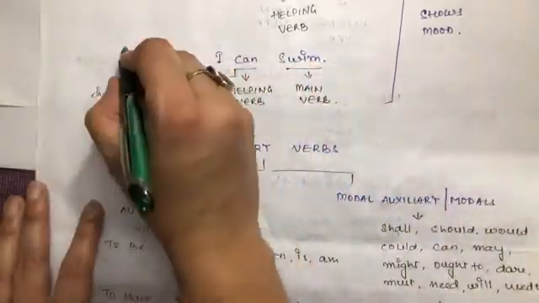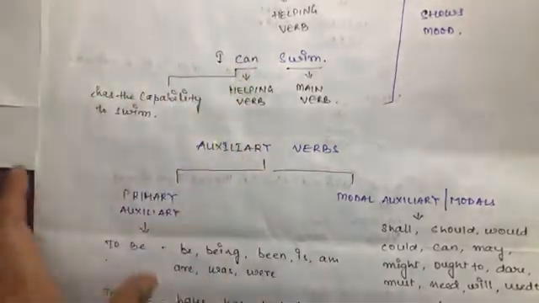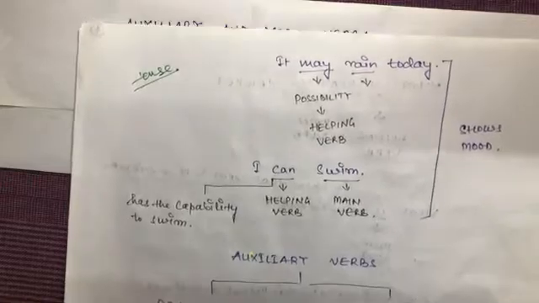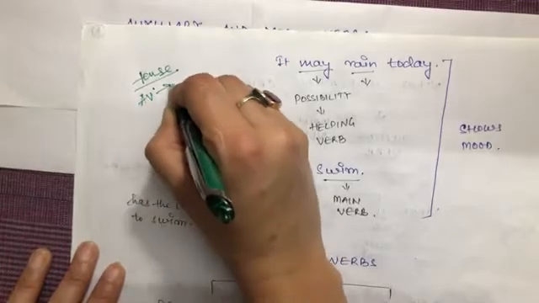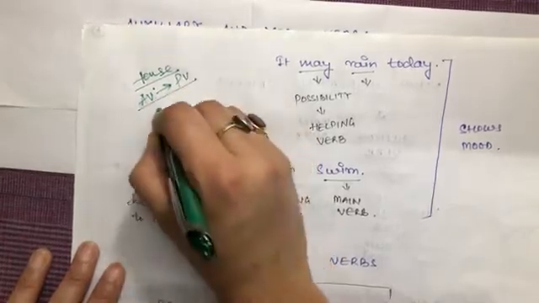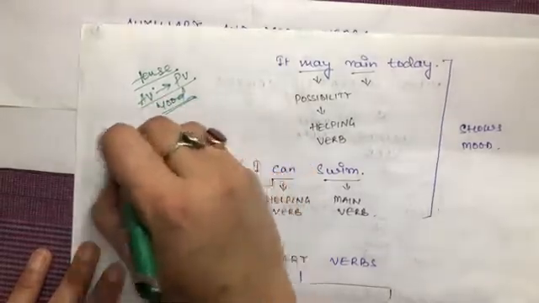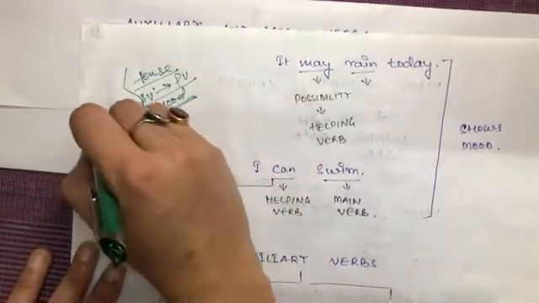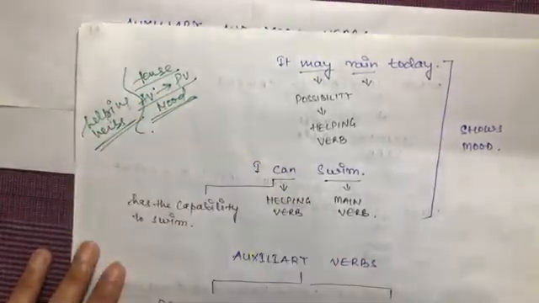We have done tense, how helping verbs help in tenses, how they help in conversion from active voice to passive voice. Now we will see the mood, how helping verbs help in forming moods.